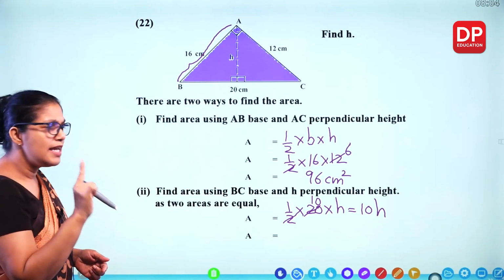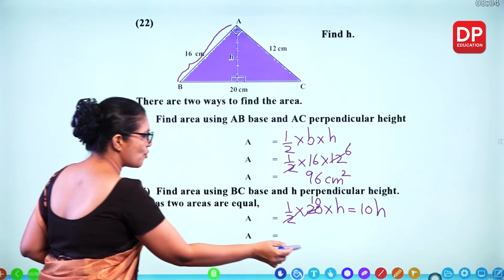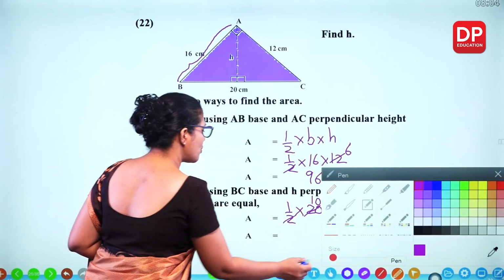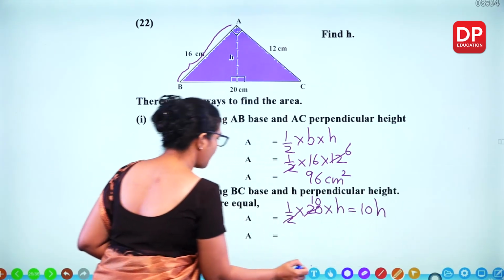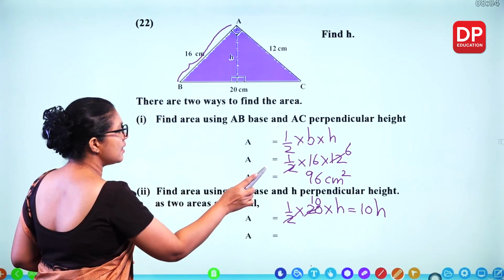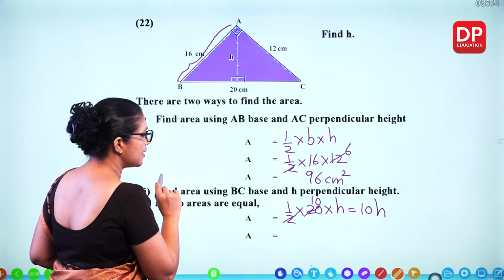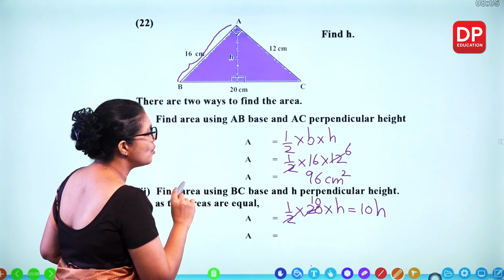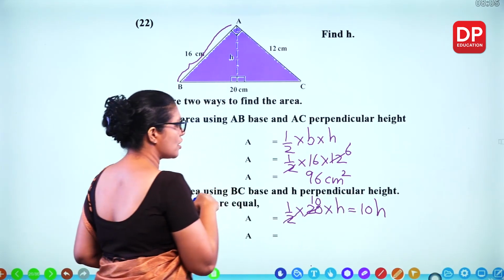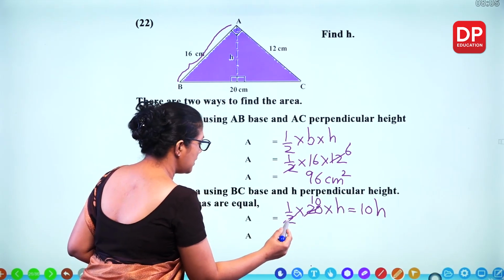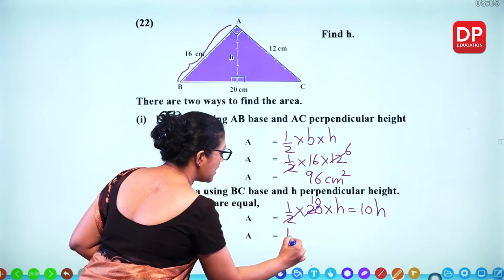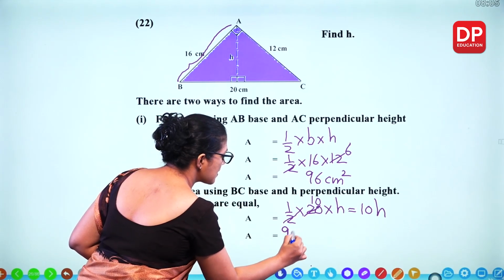So you can equate the two. When you equate these two, what do you get? You get 96 is equal to 10h. So same area, this is 10h and this is 96.